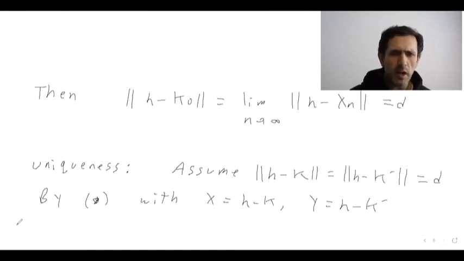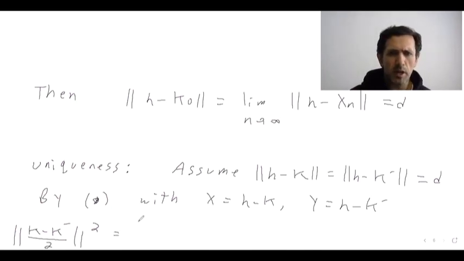We get norm of K minus K prime. So I should say, what are we doing? We're going to prove that this here equals 0, and hence K is K prime.